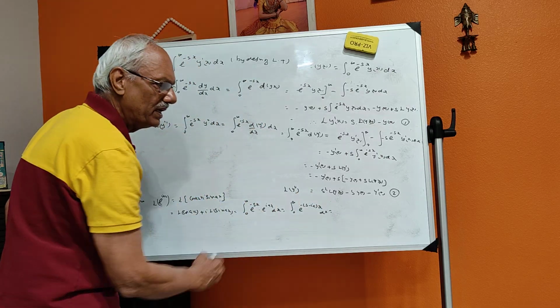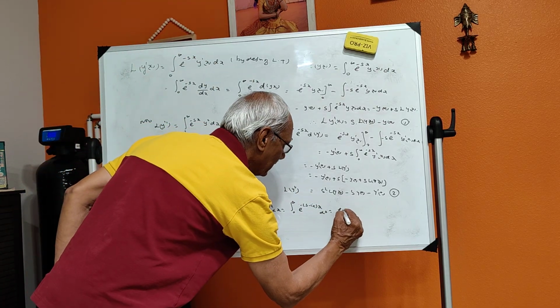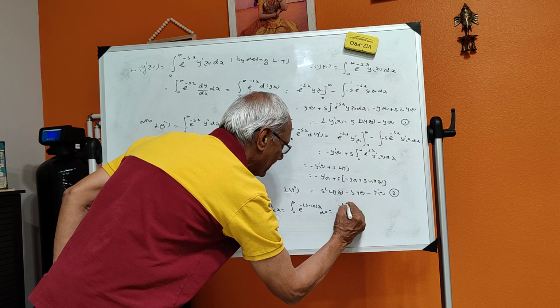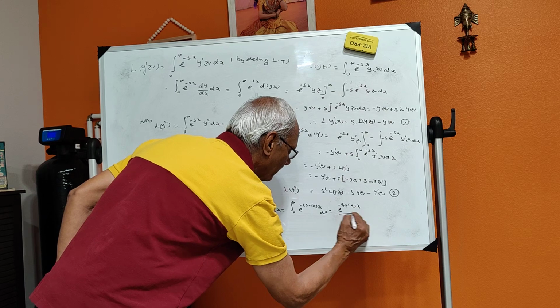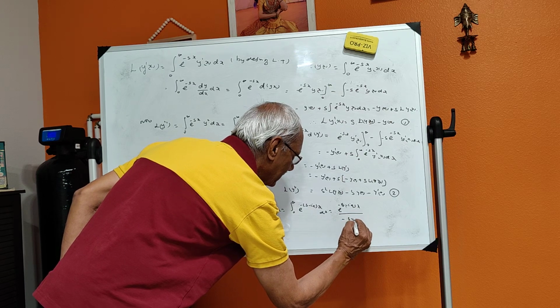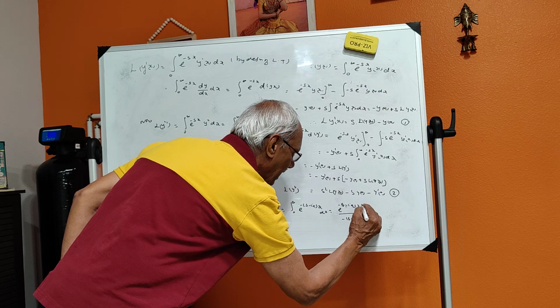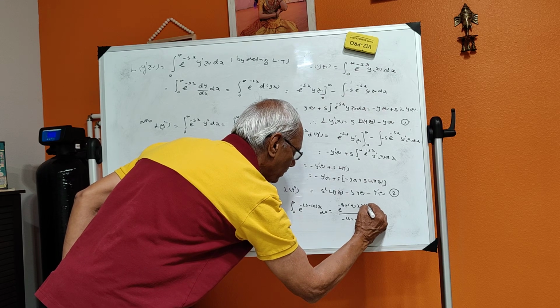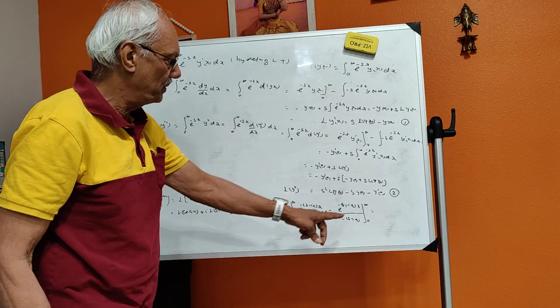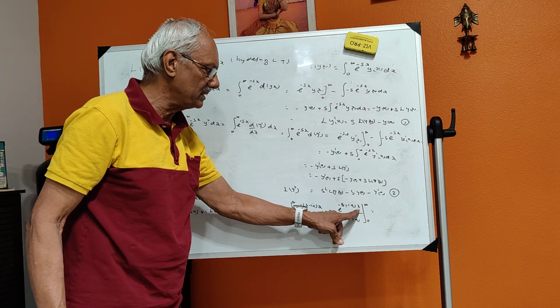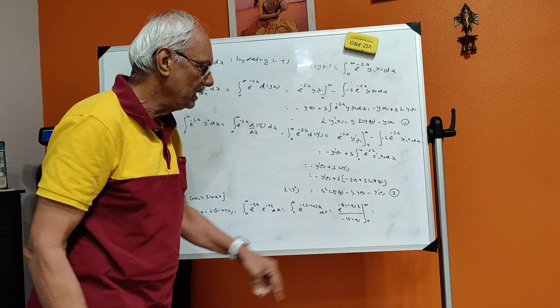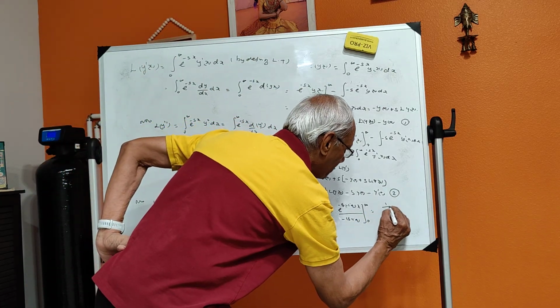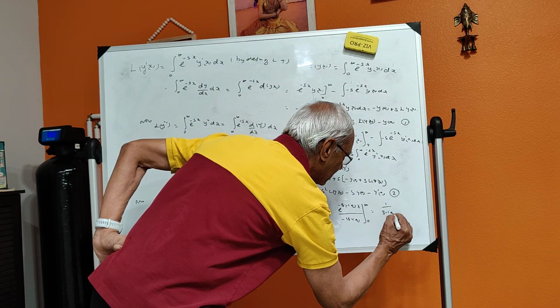The integration is very simple: you get e to the power of minus s minus ia of x divided by minus s minus ia, and the limits are from 0 to infinity. When you apply the limit infinity in the place of x, e to the power of minus infinity is 0. Then minus, if you apply the second limit, this simply becomes 1 by s minus ia.